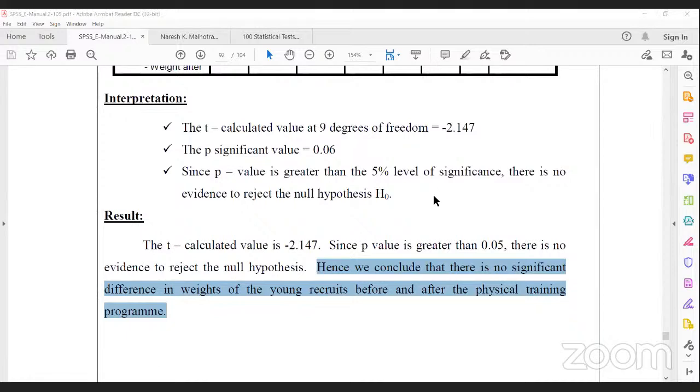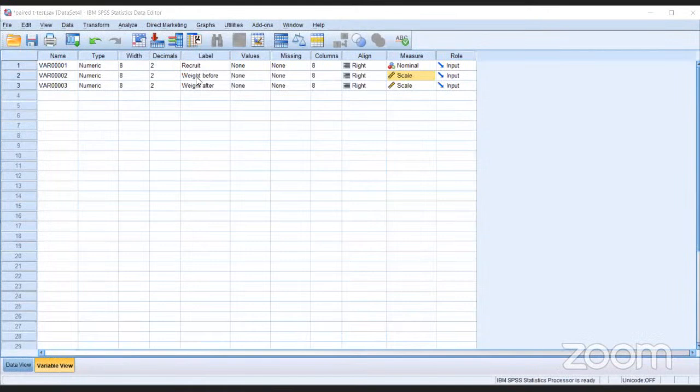Can you tell again the menu for the paired test, quickly? Okay, I'll do it again. What is there here? Weights before and weights after we have given, and the serial number that we have given as nominal will not have any place here. Pairing we are doing, so there is no problem if this value is not given.